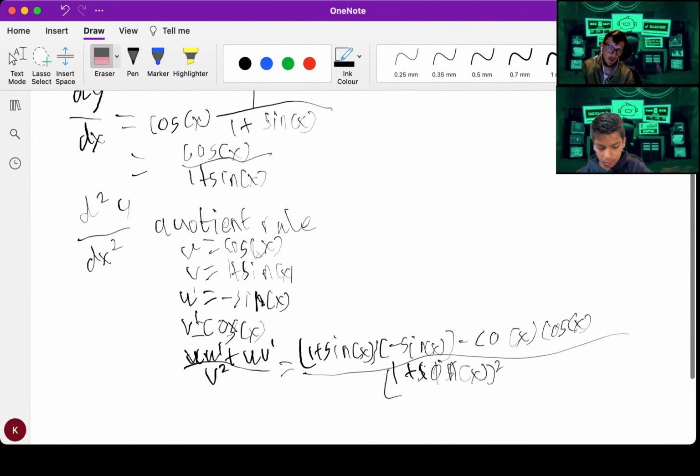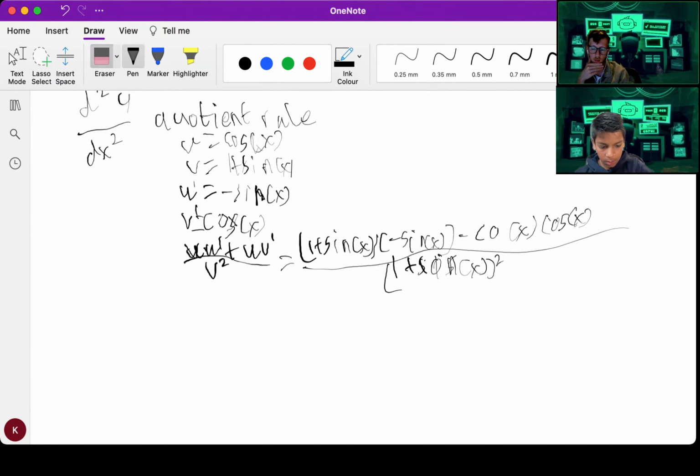So let's expand and simplify. You might not need to expand the denominator. A lot of the time it's best to leave the denominator factorised.